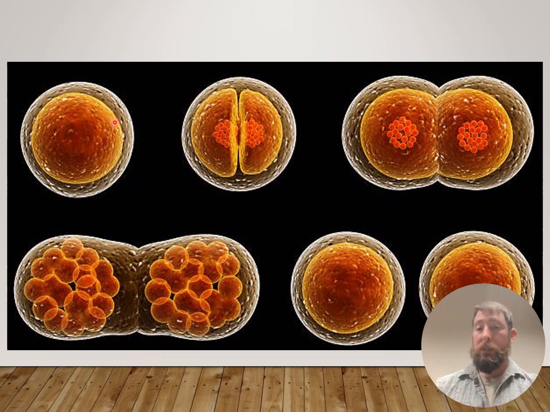Basically what happens in the cell cycle is the process of one cell becoming two cells. So what we see here at the top left is just a cell. This could be a skin cell, stomach cell, who knows, just any cell. And then it goes through a series of steps.